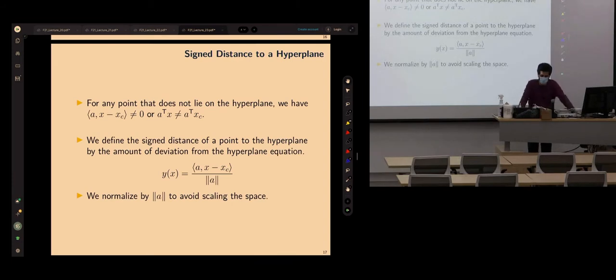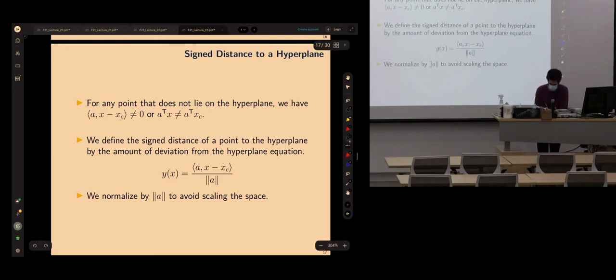Okay, so for any point that does not lie on the hyperplane, what does it mean? The hyperplane is defined as all the points in R^n such that the inner product of A and x minus xc is 0, where A and xc are some vectors in R^n.